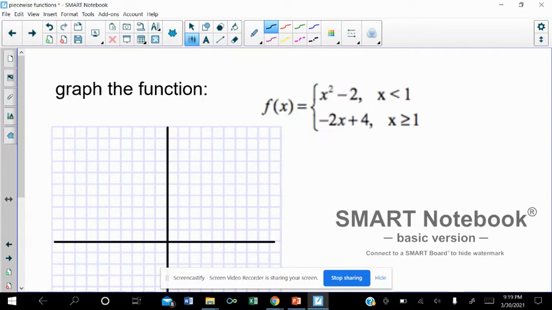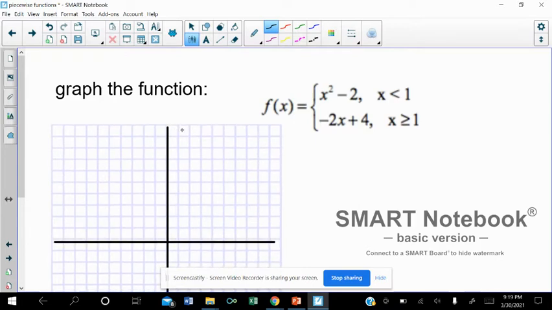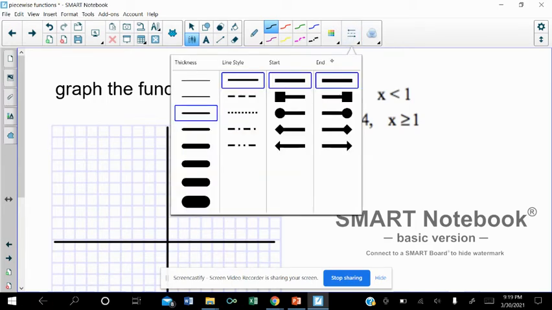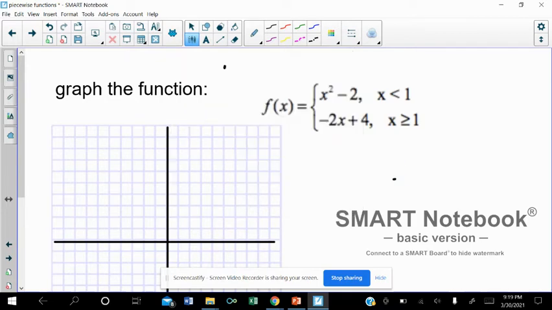So what I tell students sometimes, if they're getting themselves confused, is to put yourself a little dotted line, and I'm going to put it at 1.